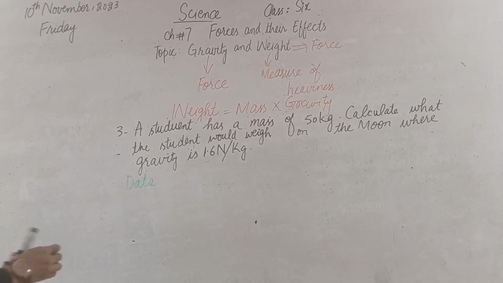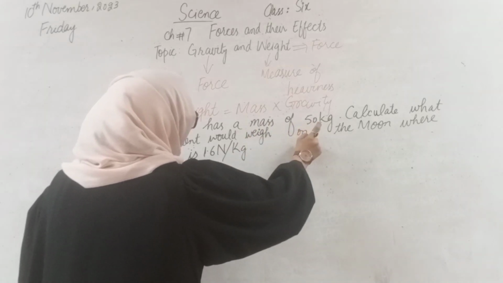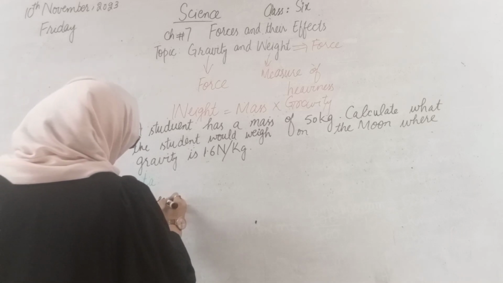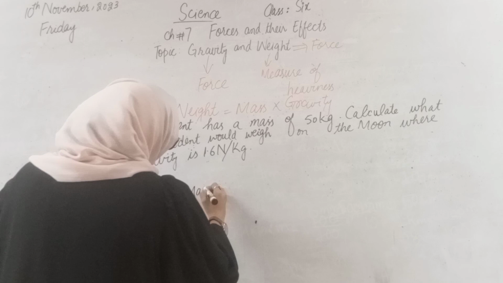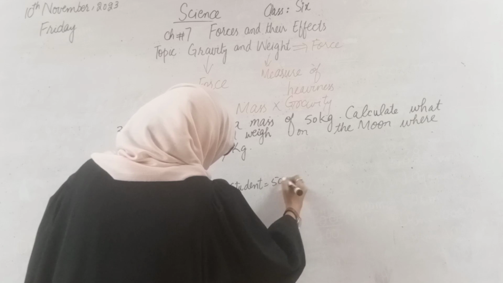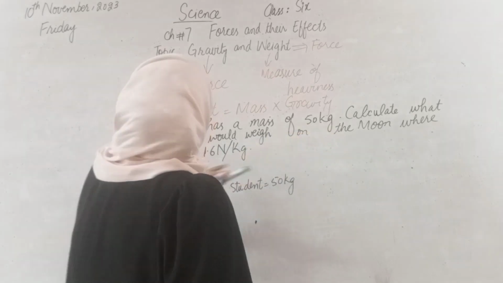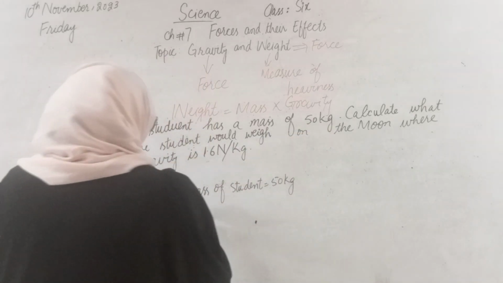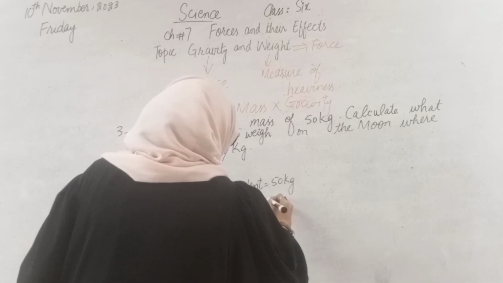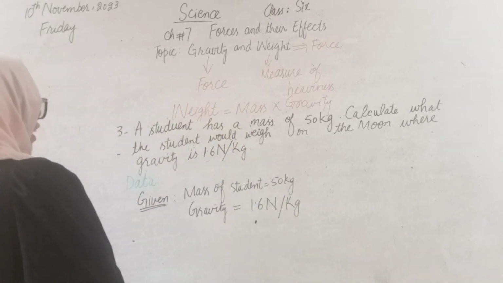From the word problem statement, we are given the mass of the student, that is 50 kilograms. And next, would weigh on a moon where the gravity is 1.6 Newton per kilogram. We are given gravity, that is equal to 1.6 Newton per kilogram.